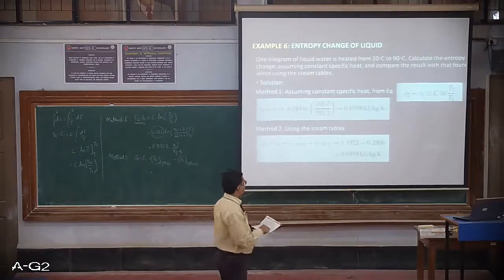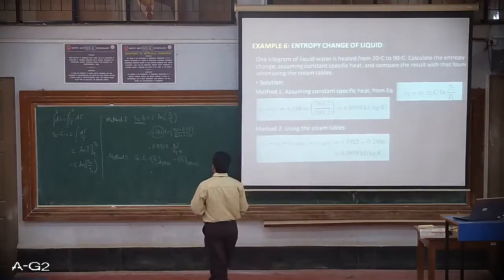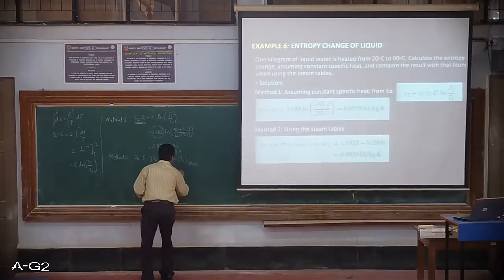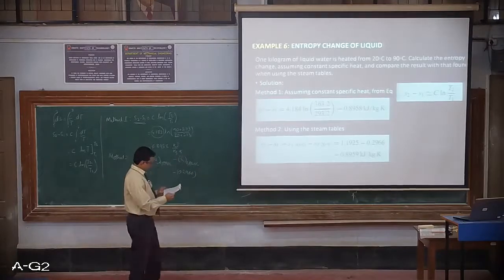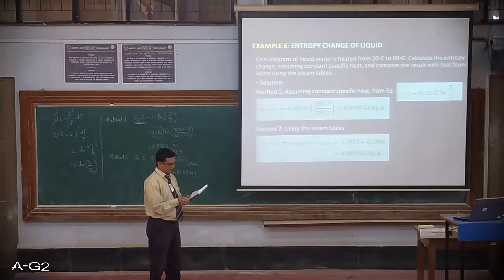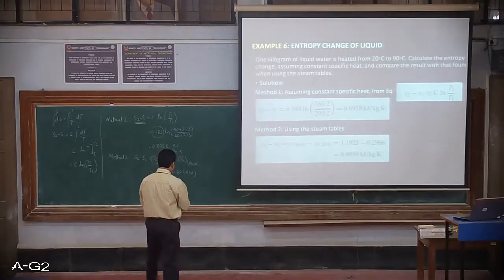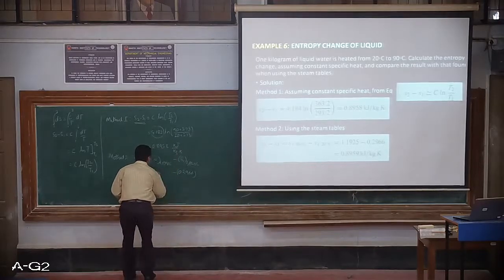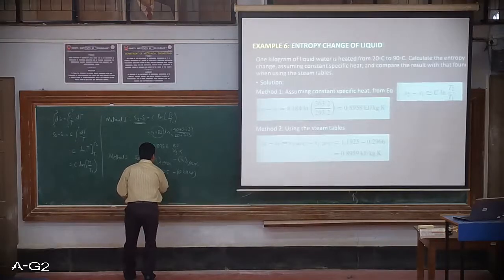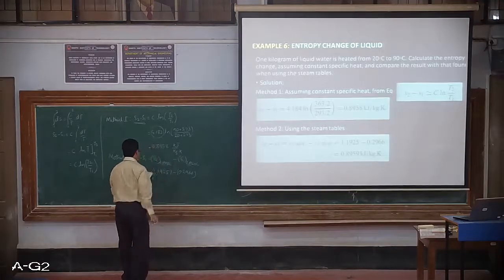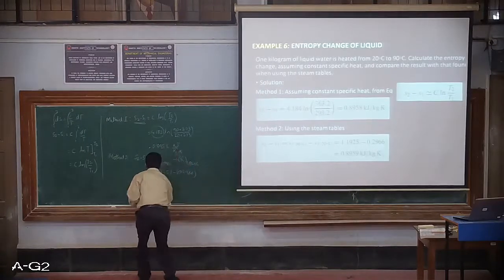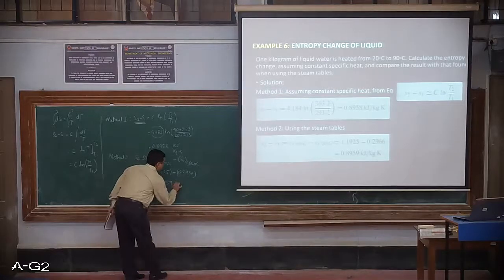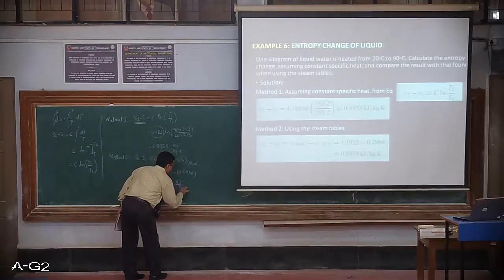Here it is 0.2966 for 20 degrees Celsius, and for 90 degrees Celsius the value of Sf is 1.1925. After calculation we get 0.8959 kilojoule per kg Kelvin.